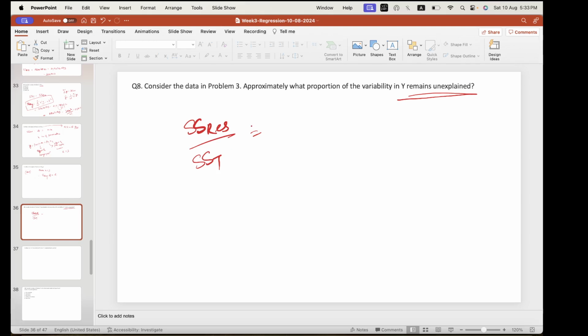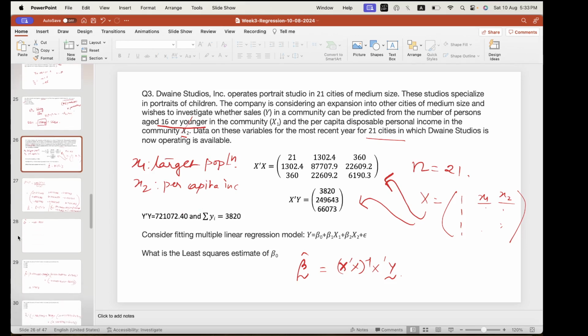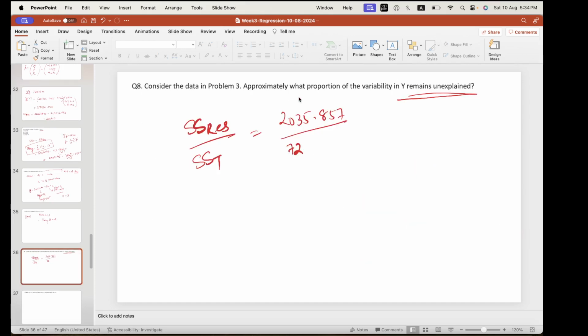So this is 2035.857 by SST was how much? 721072.40, and that is the proportion which is left unexplained. 2035.857 divided by 721072.40, this into 100. So this is 0.28%.